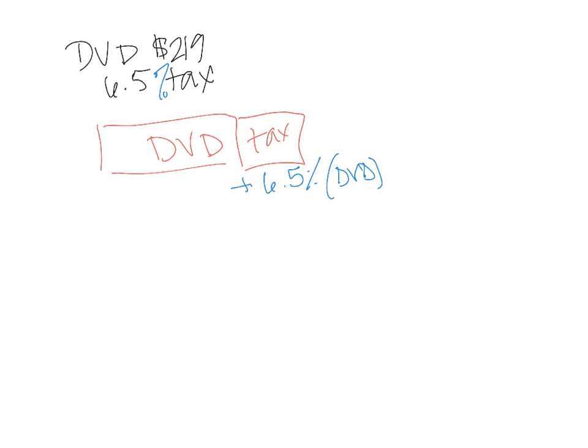Okay, so when I turn this into a math sentence, I have the DVD player, which I'm going to call X, plus my 6.5% times my X. Well, 6.5% is really 0.065 times X.